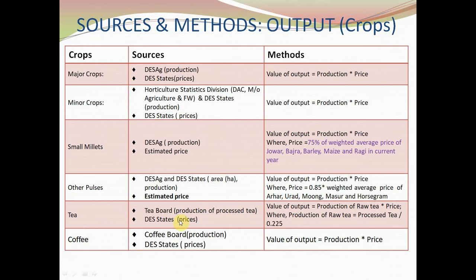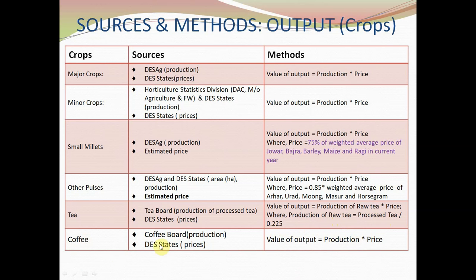For tea, Tea Board is providing data for production of processed tea and DES states are providing prices. But for tea, we are using production of raw tea for calculating value of output. Production of raw tea can be calculated by using processed tea divided by 0.225, that is 22.5% of raw tea is total processed tea.